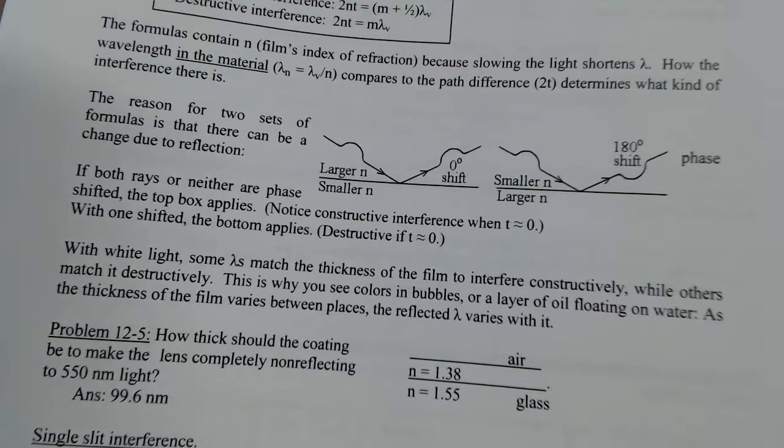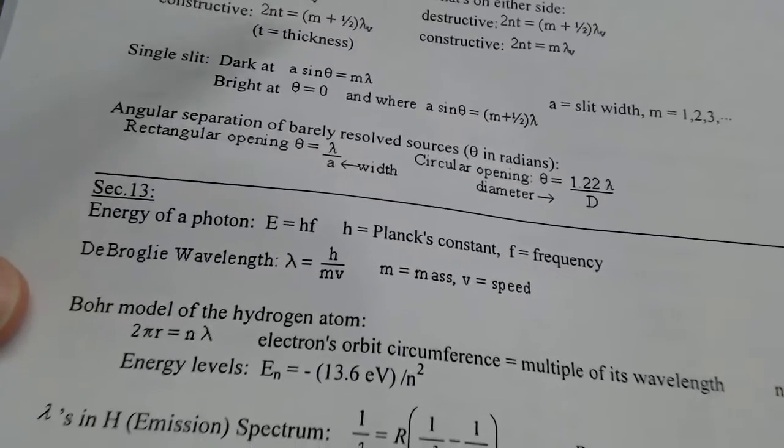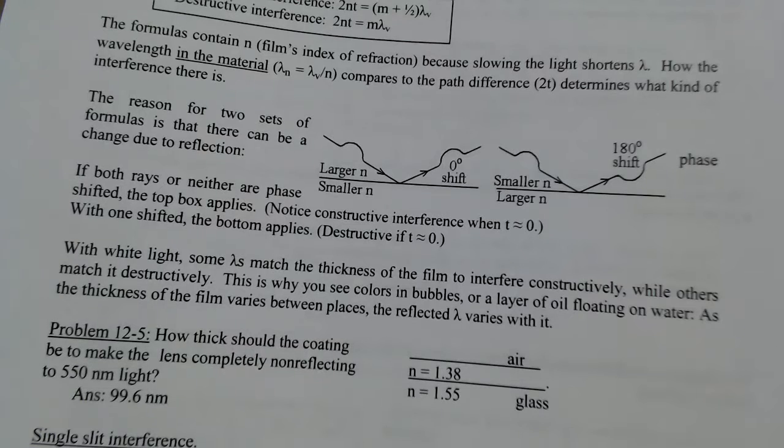It's all a matter of, going back to the formula sheet here, how the wavelength compares to the thickness of the oil. The wavelength for some colors will give you constructive interference, which means it'll be strongly reflected. The wavelength for other colors will match up with the condition for destructive interference. Those colors will go on through almost entirely instead of being reflected back toward you.